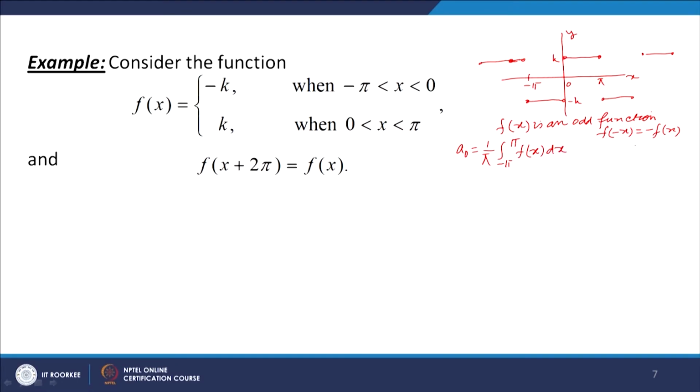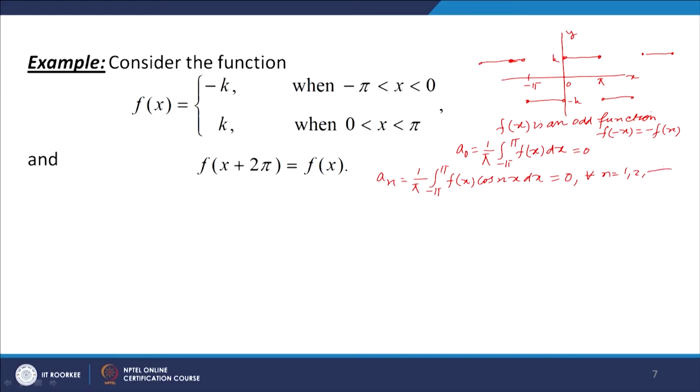Since f(x) is an odd function, the integral over −π to π of f(x) dx will be 0. So, a_0 is equal to 0, and then the value of a_n is equal to (1/π) ∫ from −π to π of f(x) cos nx dx. Since f is an odd function, cos nx is an even function, so their product is an odd function, and therefore this integral is also 0, for all n equal to 1, 2, 3 and so on.